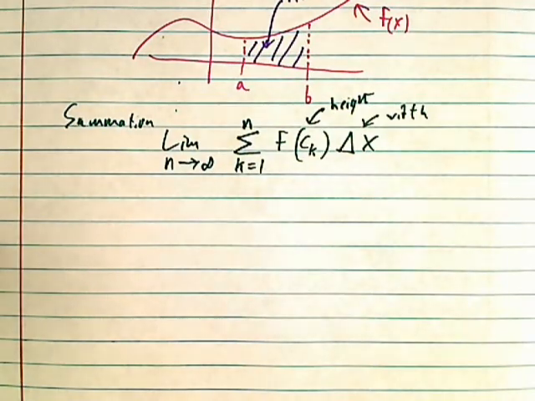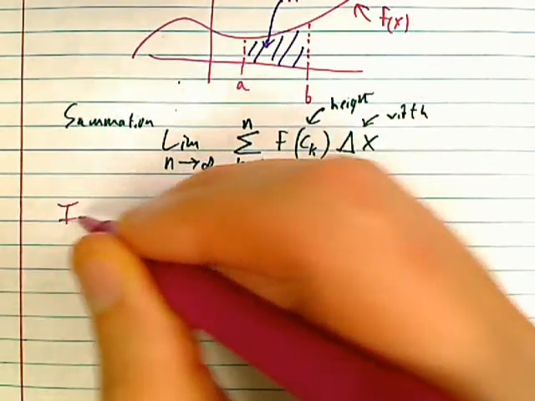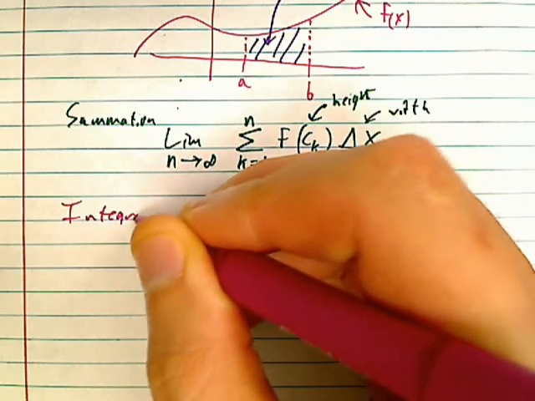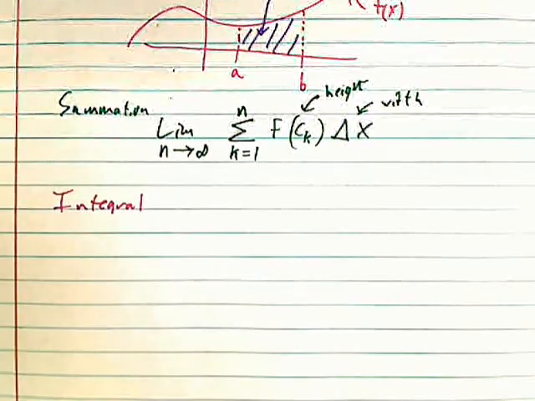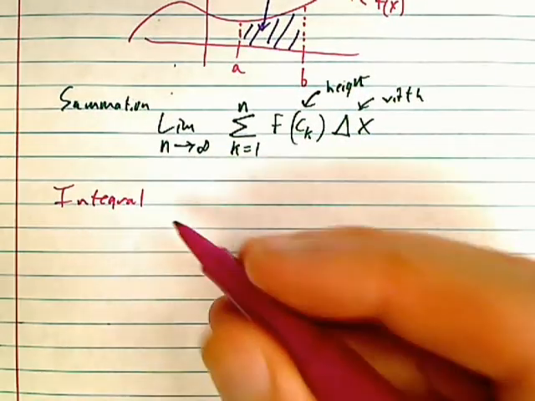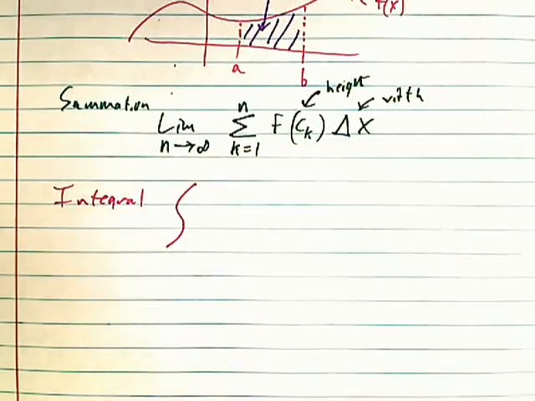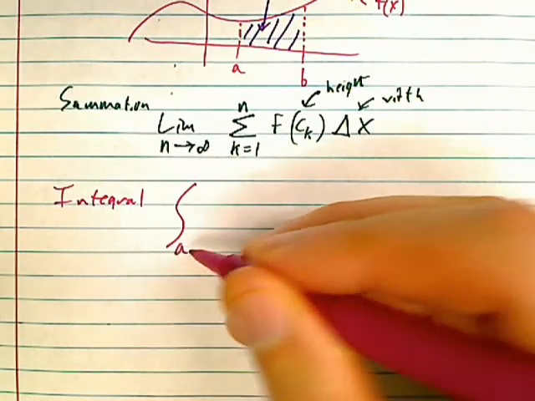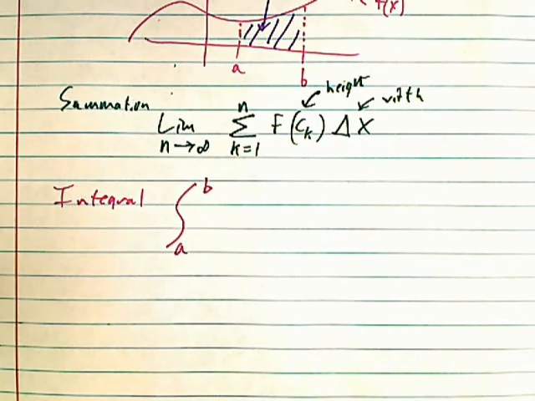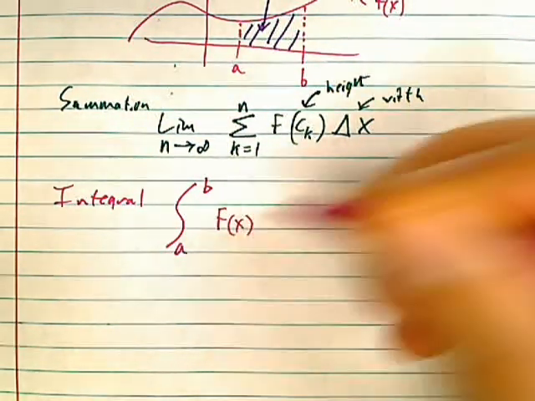And finally, the one that we are going to use all the time, the integral notation. We used this a little bit in pre-calc last year. It's that big S. I'm going to put a down here and b up there. The function is f of x.